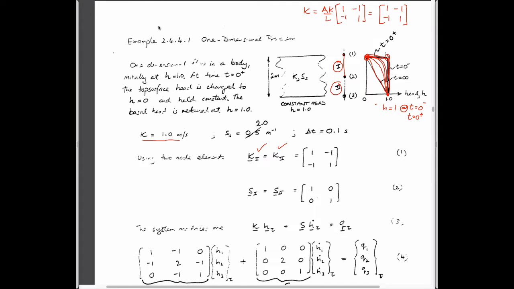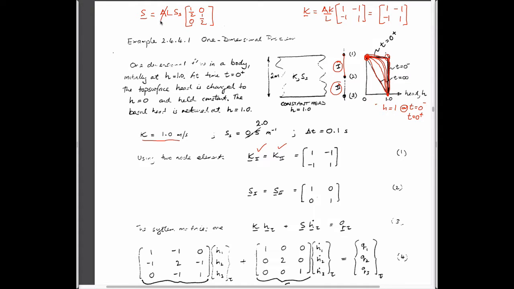We know that the storage is going to be what? Storage is equal to the area times the length times the specific storage. We're going to use it in lumped form, so this is going to be a half, 0, 0, a half.